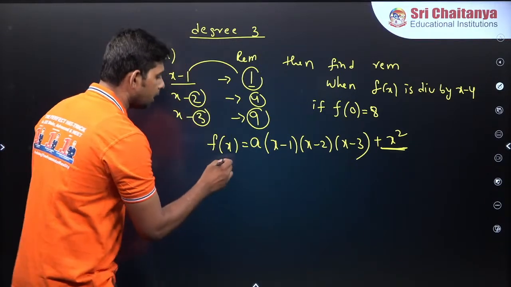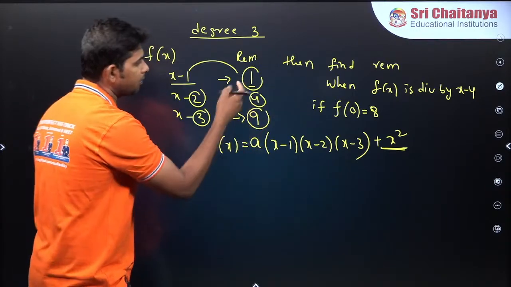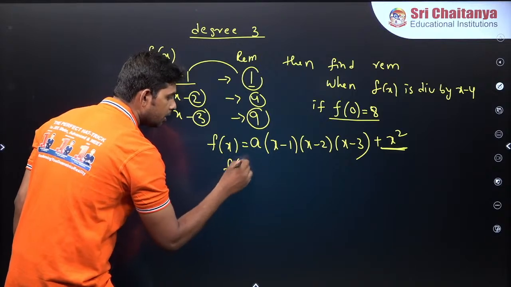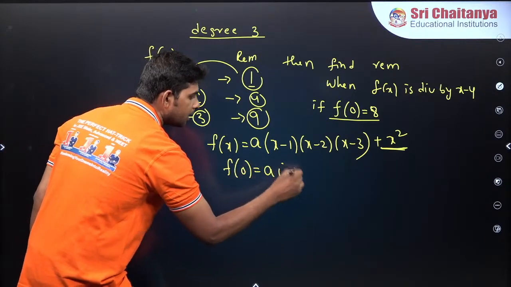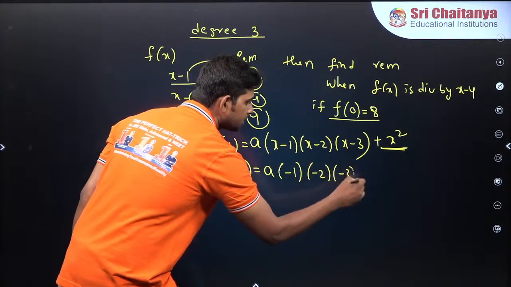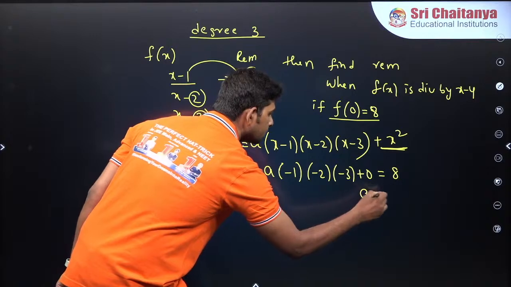Now we need to find a, for that I have given a condition, f of 0 equals 8. You just have to plug in the value 0 here: a into minus 1, minus 2 and minus 3, plus the x square term which is 0, equals 8.